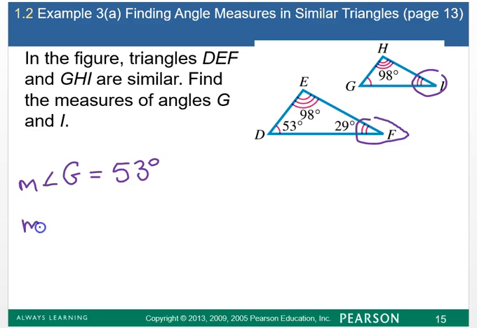So the measurement of angle I is equal to 29 degrees. And we're done.